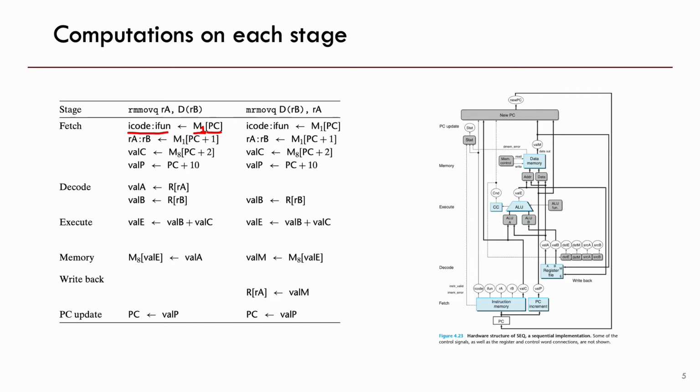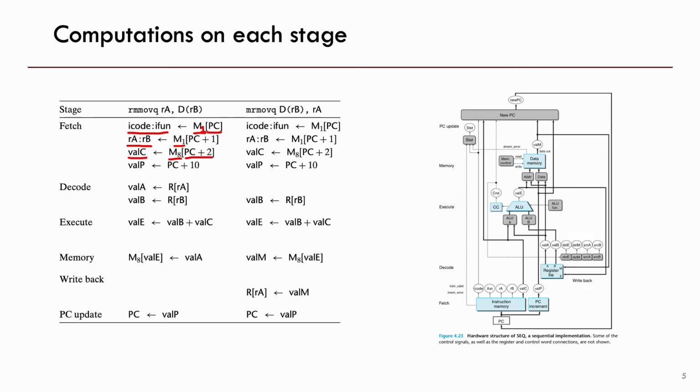Each of icode and ifun is 4 bits long, and then we read the next byte from the memory, and its start address is PC plus 1, and then we store them in rA and rB, which are 4 bits long. And then we read the next 8 bytes from the memory, and its start address is PC plus 2, and we store this data to valC.